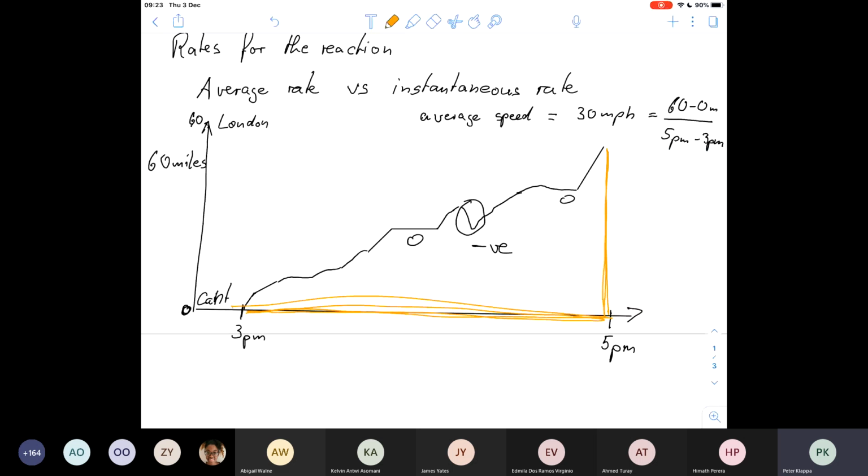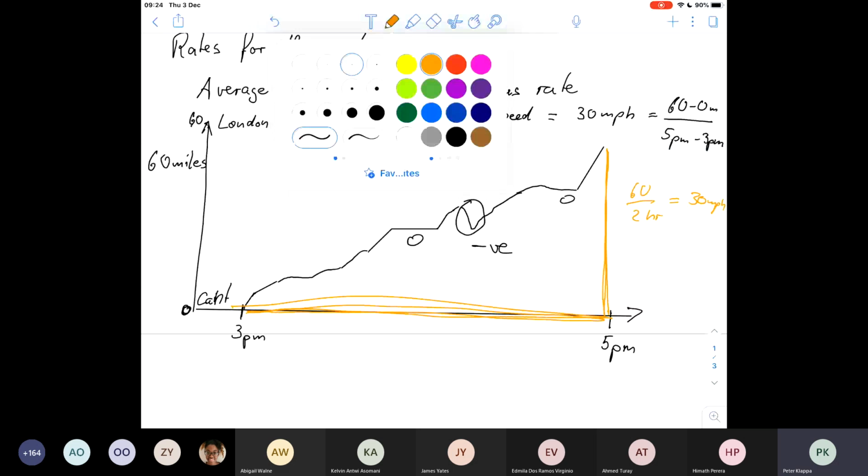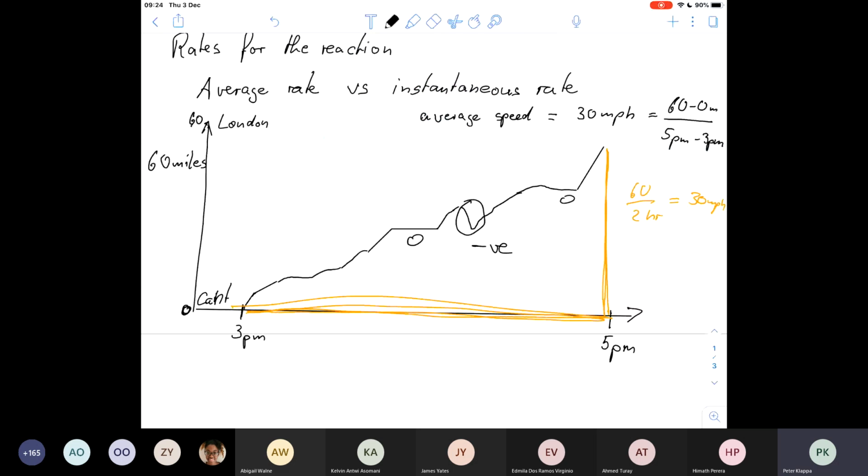That was 60 divided by the 2. So that gives us 30 miles per hour. We probably never or hardly ever drove exactly at 30 miles per hour.